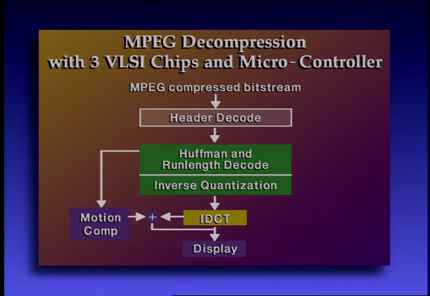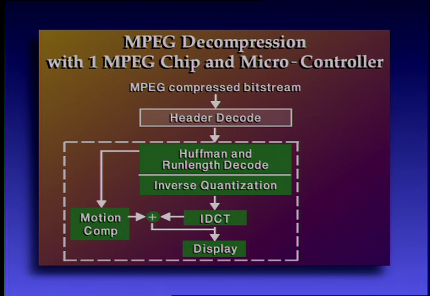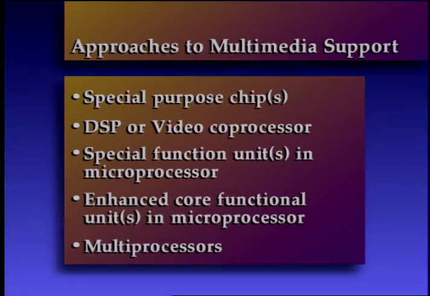Later, the functions in these 3 special-purpose chips were combined into a single MPEG decompression chip. Still later, a single video decompression chip might support multiple standards, such as MPEG, JPEG, and H.261, through low-level firmware included with the chip. This approach is the hardwired algorithm approach, using special-purpose chips.